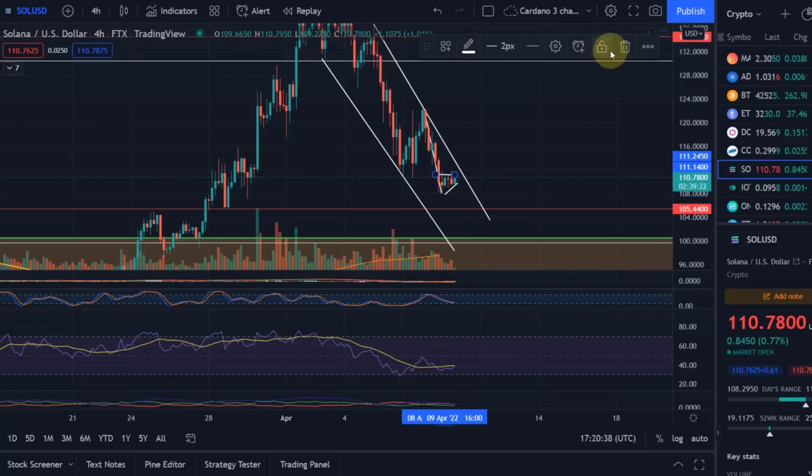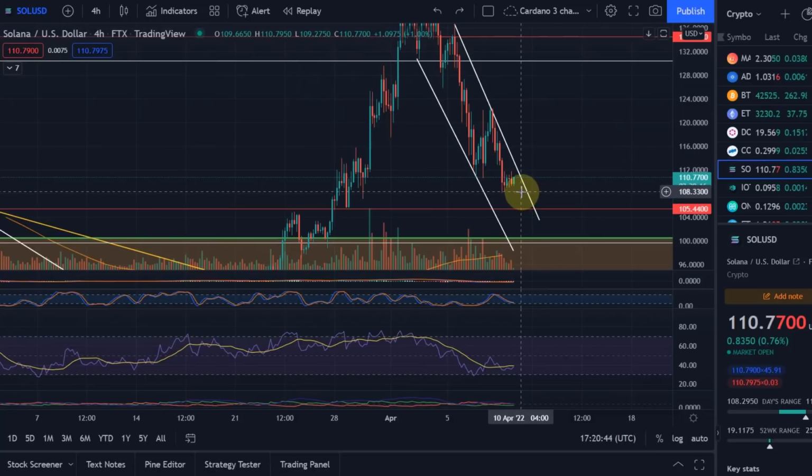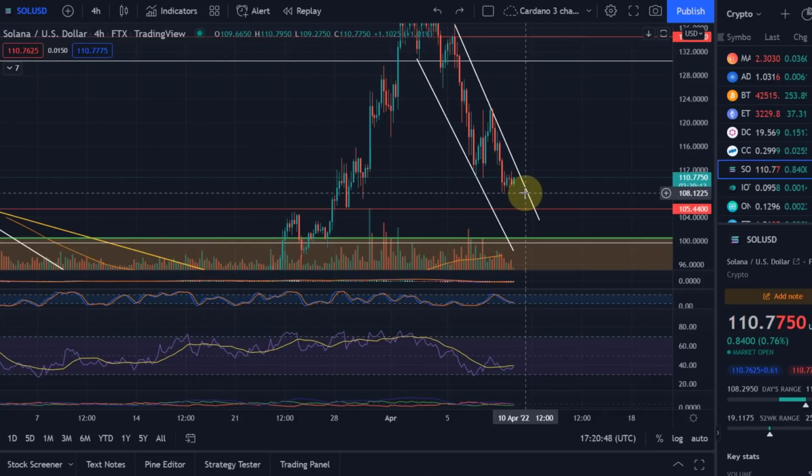This normally, more often than not, would also break to the downside. But in my opinion, that breakout would only be confirmed if we drop below that previous rejection point at $108. Then you're also very close already to the next support at $105.